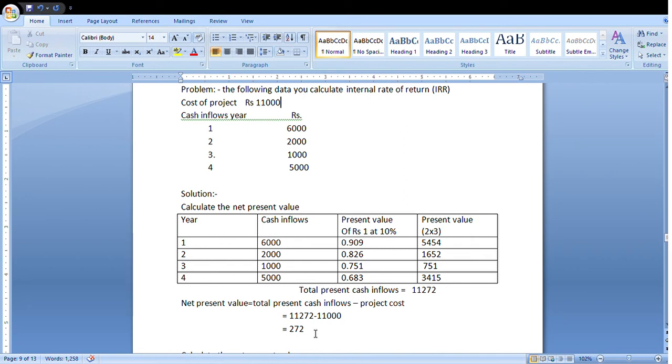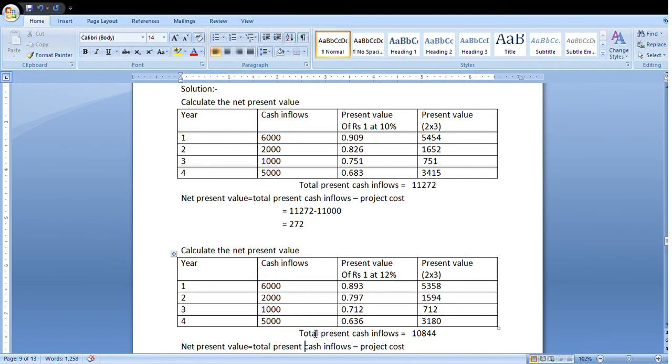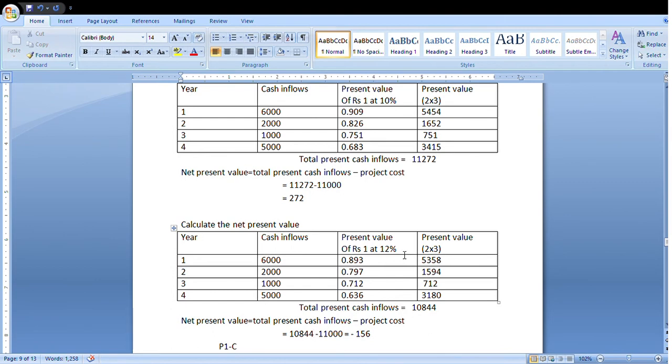Next, you calculate the negative value. For the negative value, you take a higher discount rate, 12%. Columns: year, cash flows, present value of one rupee at 12%. The first and second columns are given in the problem: first year 6,000, second year 2,000, third year 1,000, fourth year 5,000.